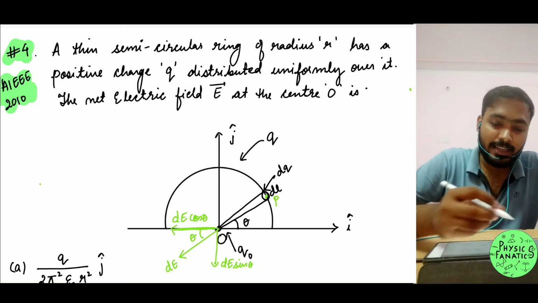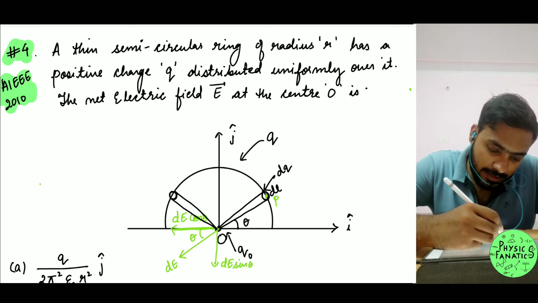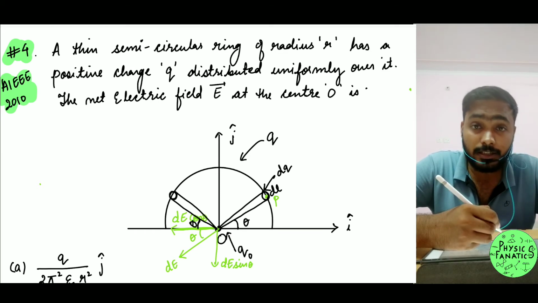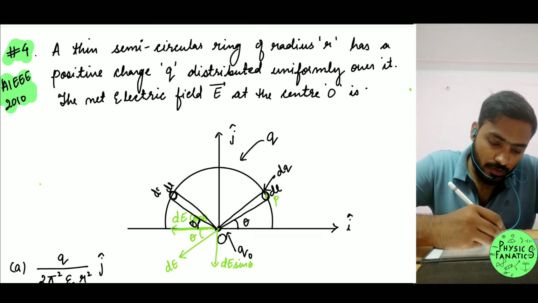Very similarly, I can assume one more dl length here. Let's say this also makes an angle of theta from the horizontal in the opposite direction. This dl will again have dq charge, right?